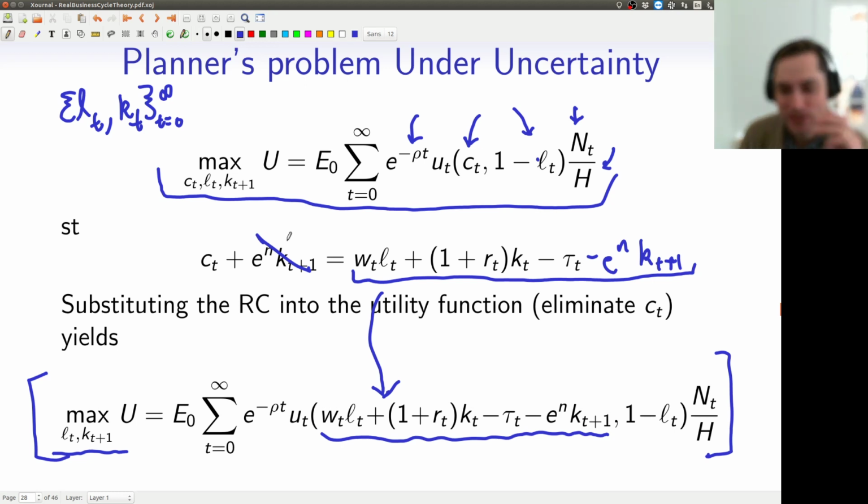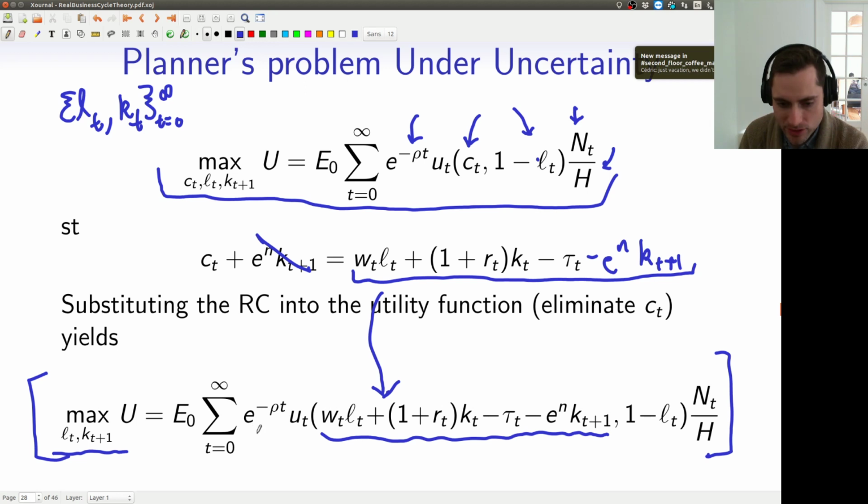Anyway, so let's see here. Where was I? Right, so we've got capital entering here with the positive sign and capital entering here with the negative sign. And if you think, capital in period 1, say, is going to appear twice, because it's going to appear once when we're summing over period 0 here, where we have t plus 1.